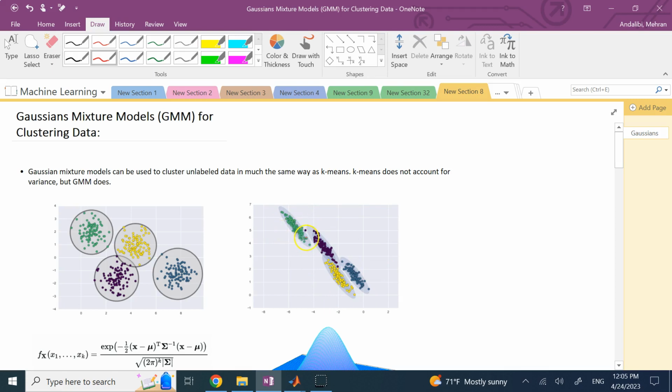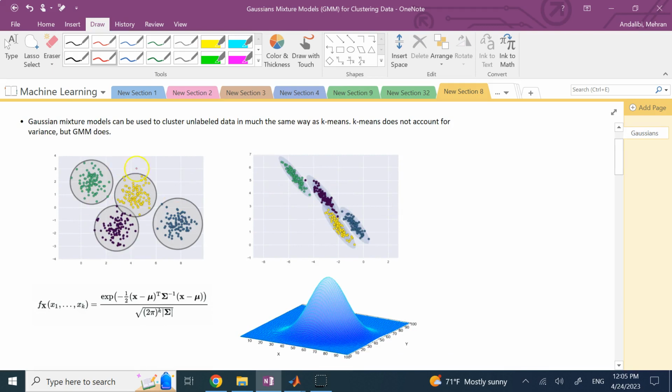It's a probability that each data belongs to each one of the classes. It's a number between 0 and 1. So it's basically, I would say, a more complex method of clustering compared to k-means.